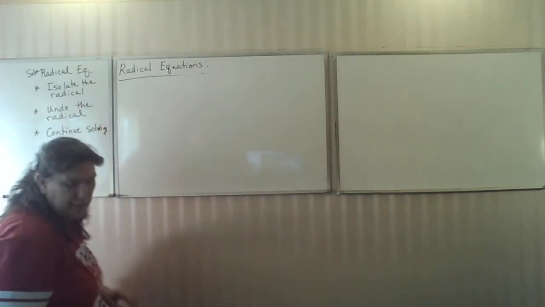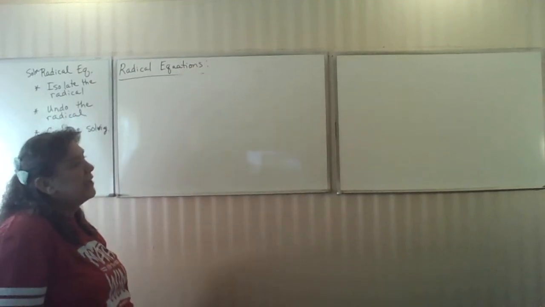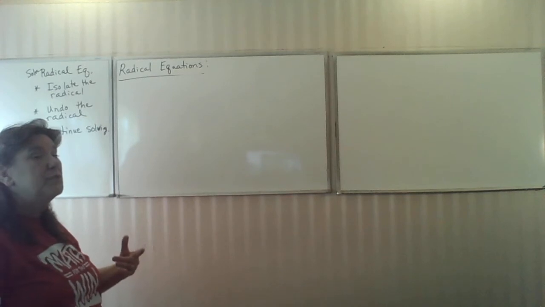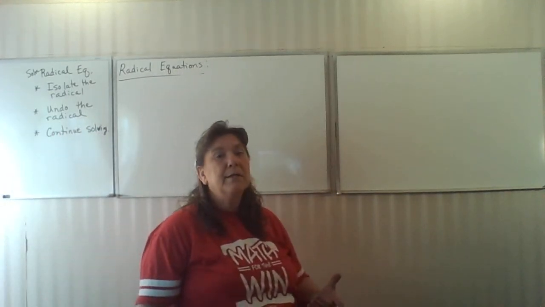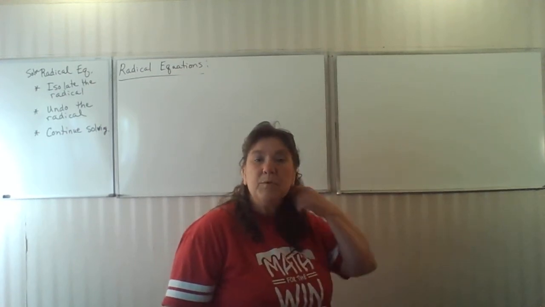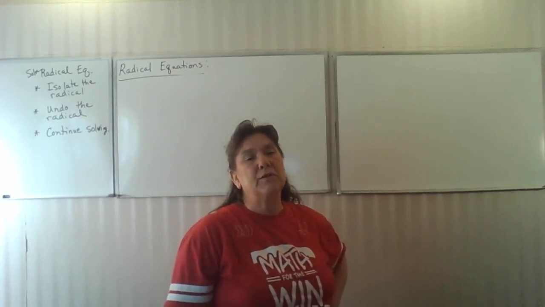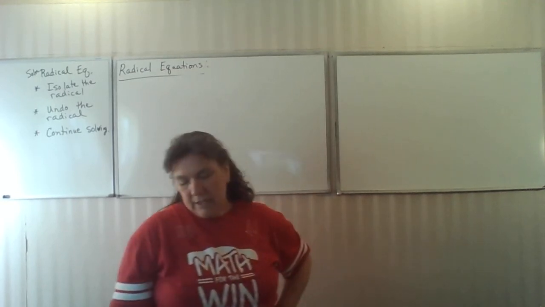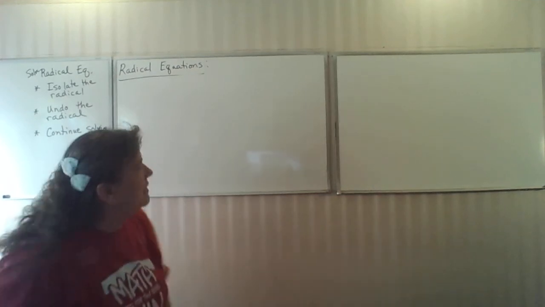Okay? And then we need to check for extraneous roots. Extraneous roots are roots that are incorrect, that are caused by the squaring. Sometimes when you square, you end up with answers that are not true answers, and those are called extraneous roots. So let's look at some examples of this.